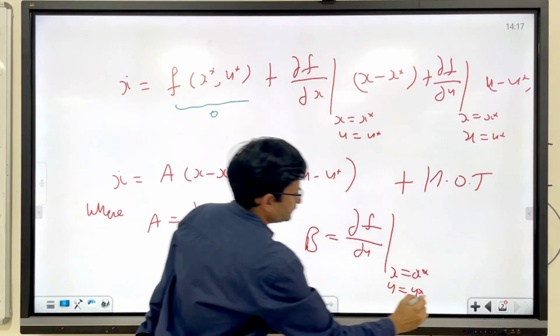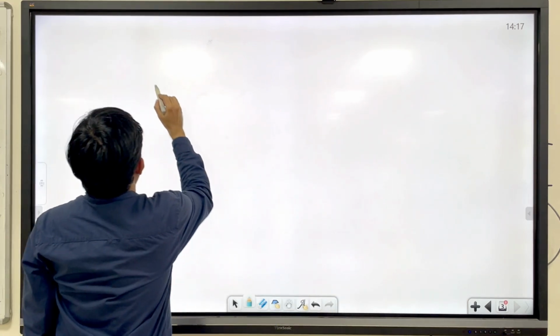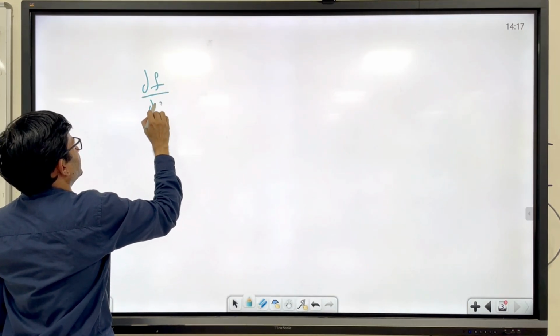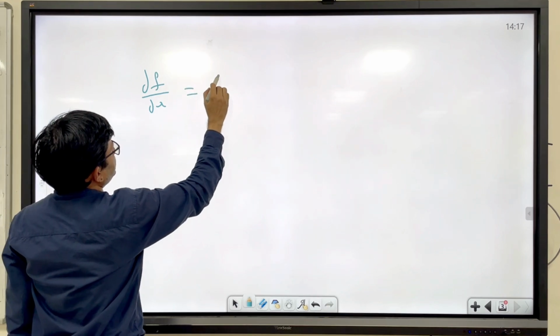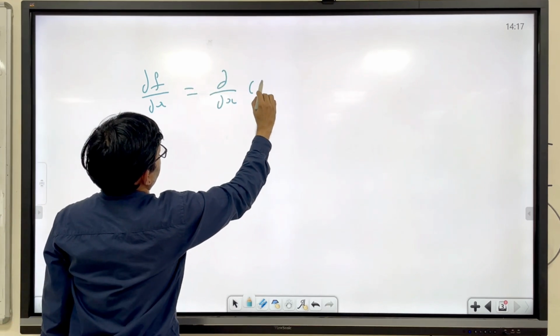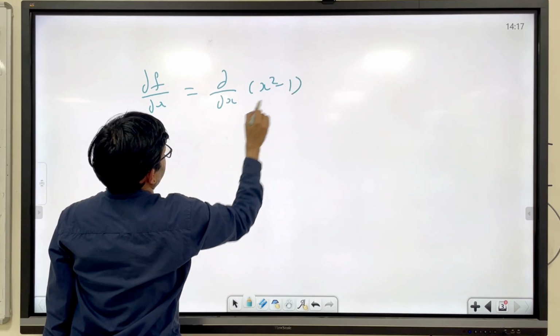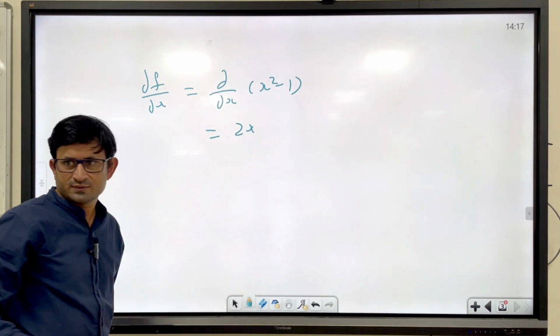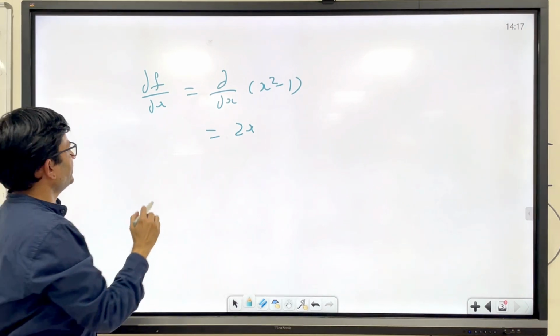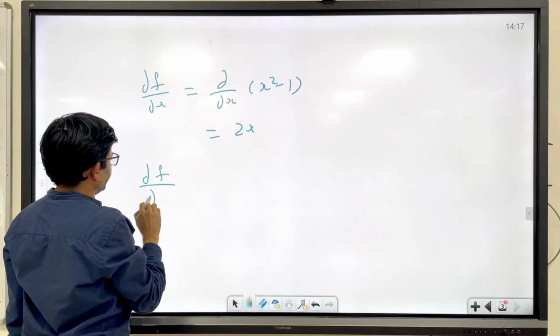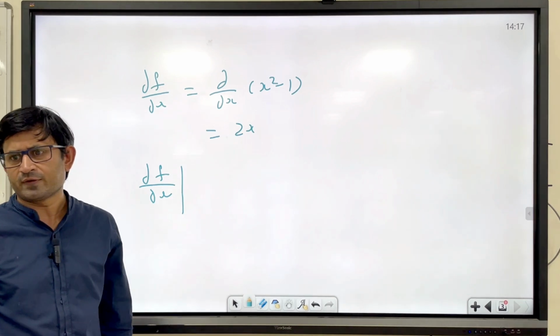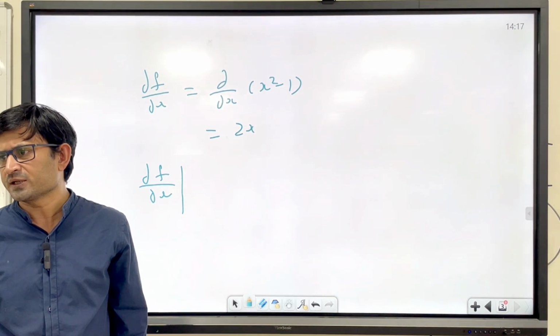Okay. Now, what is dou f by dou x in this case? Dou f by dou x is dou by dou x of x square minus 1. That means 2x, right? 2x, simple. If you evaluate at a trim point, that means what is our equilibrium point or trim point? Plus minus 1, right?